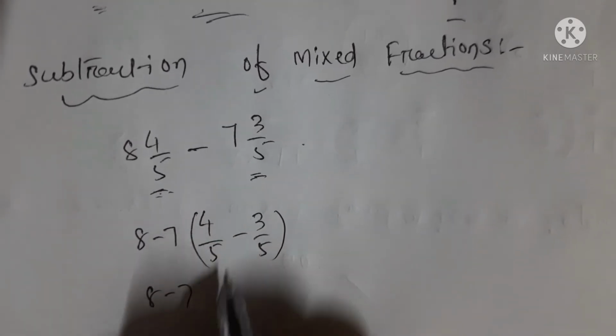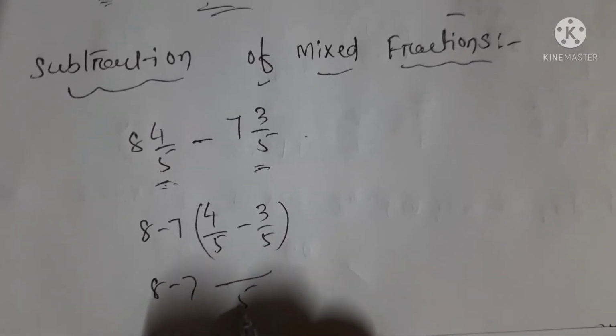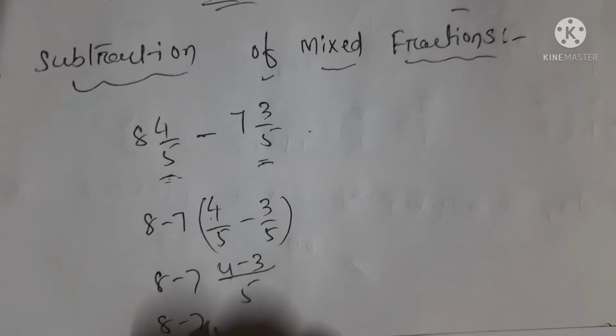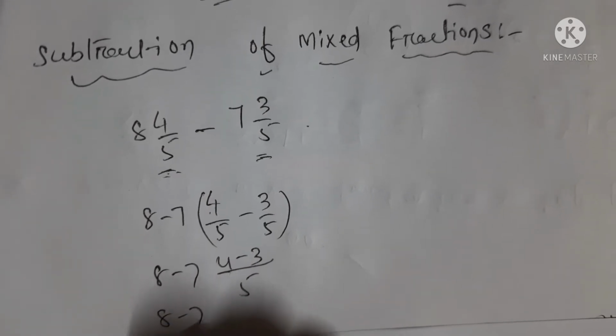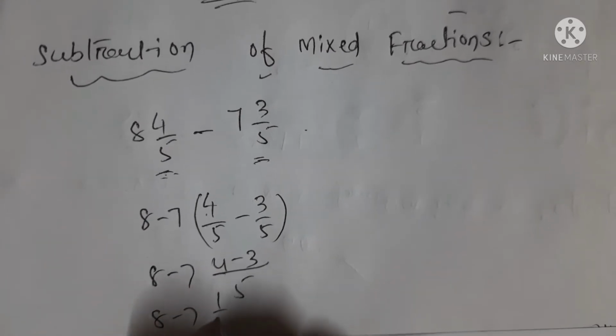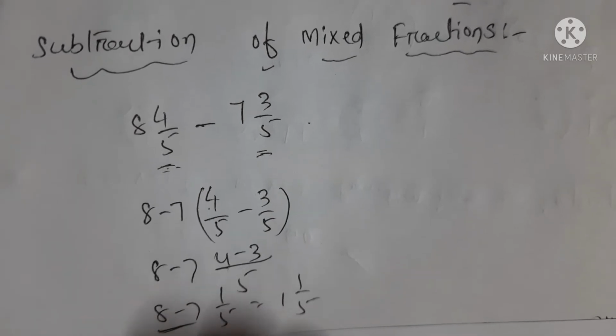For both the denominator is 5. Now 4 minus 3, and 8 minus 7. Next here 1 by 5 is equal to 1 by 5. Here 8 minus 7 means 1.